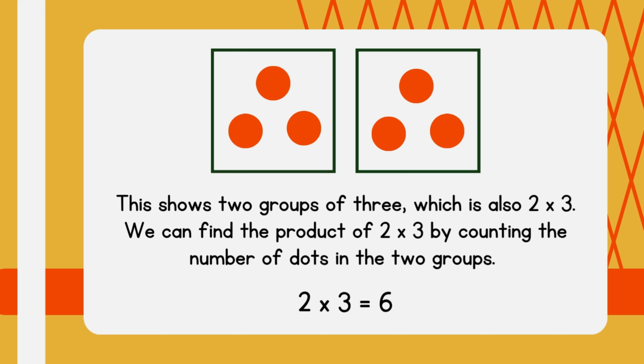You can see 3 dots in each box, which is equivalent to the 3. And then when you count how many dots there are in the 2 groups, you can see 1, 2, 3, 4, 5, 6. Altogether, there would be 6 dots in 2 times 3.